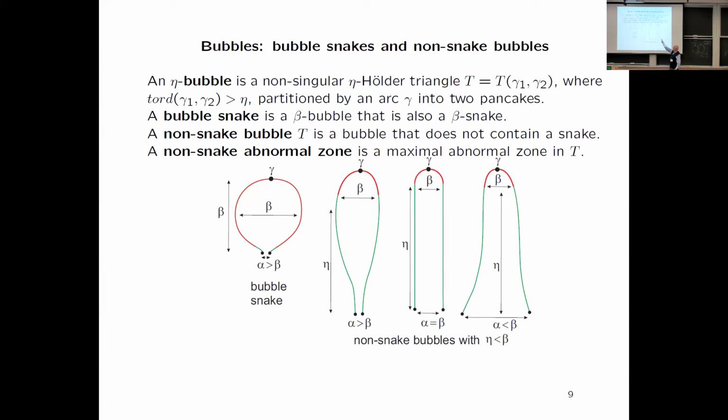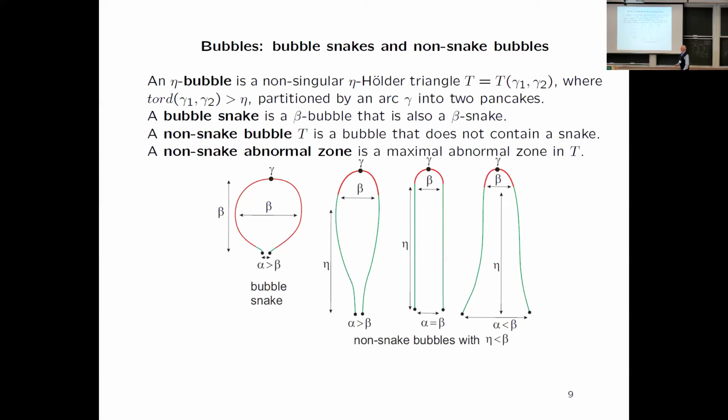If you look at the property of being abnormal, only this beta part in red on the top is abnormal, but the sides are too long, and anywhere beyond beta from the top, you get normal arcs. They are non-snake because there is no snake that contains such a zone.